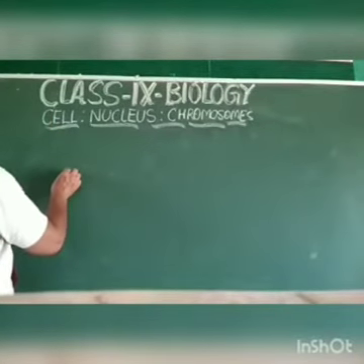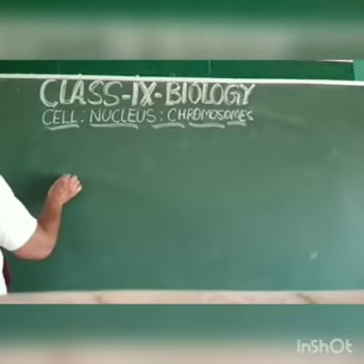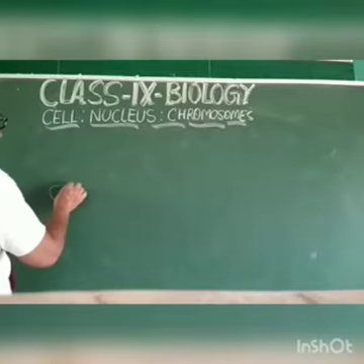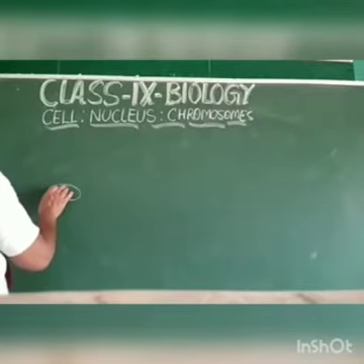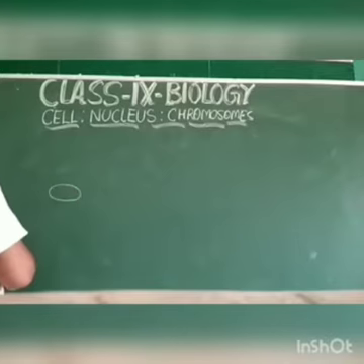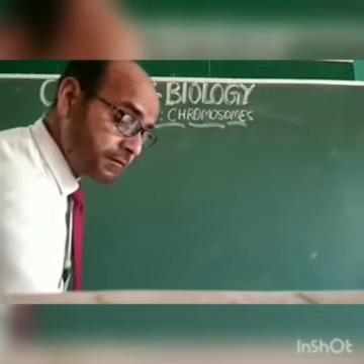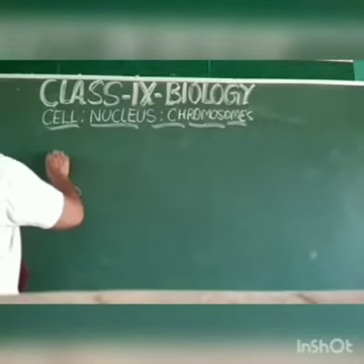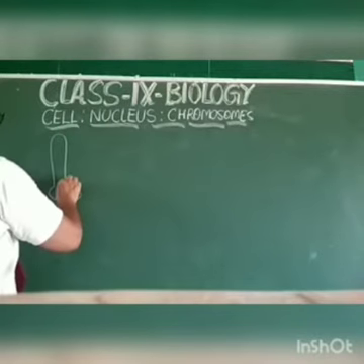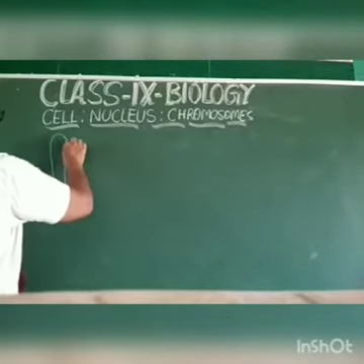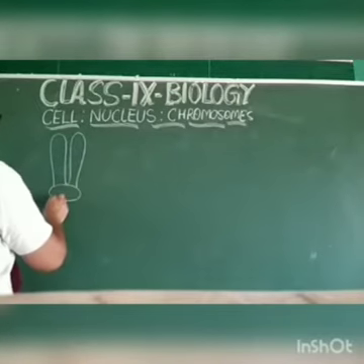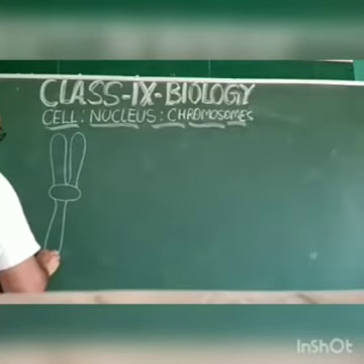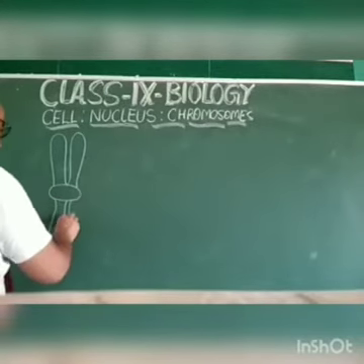In the last video I gave some diagrammatic representation of the nucleus and chromosome. So here, this is the centromere. This is the chromosomal arm. These are the chromosomal arms.